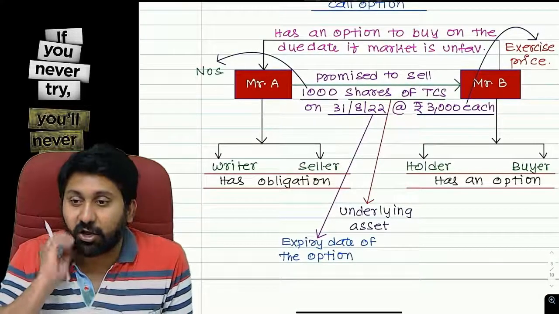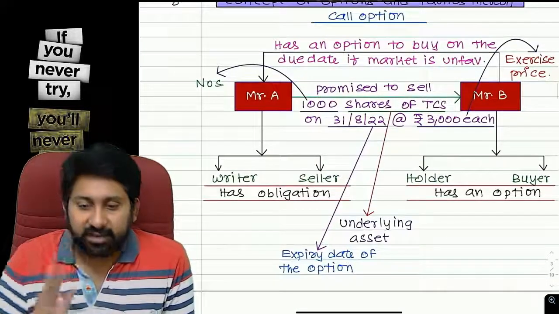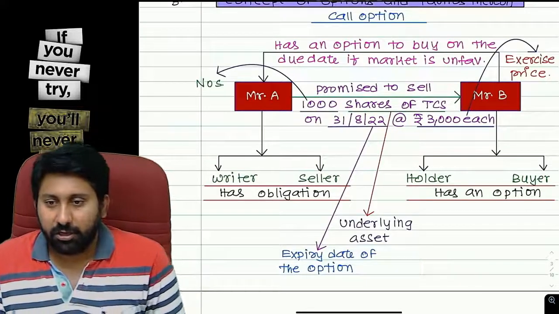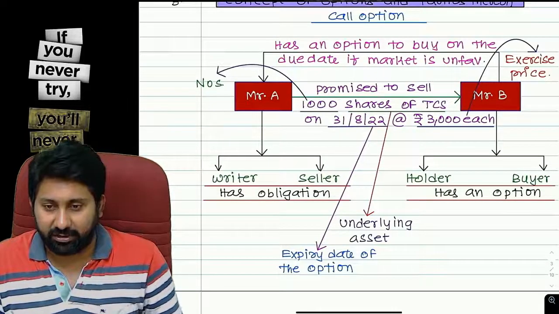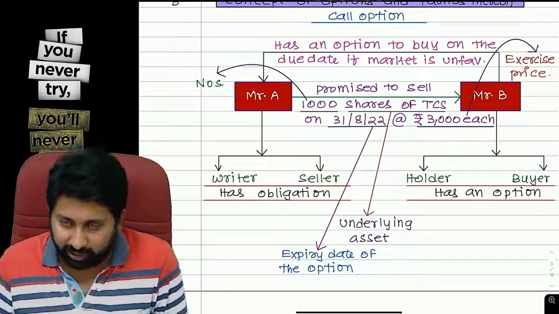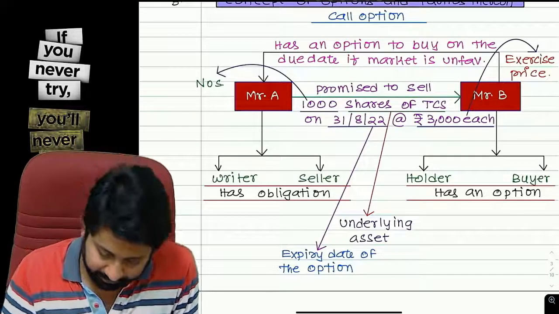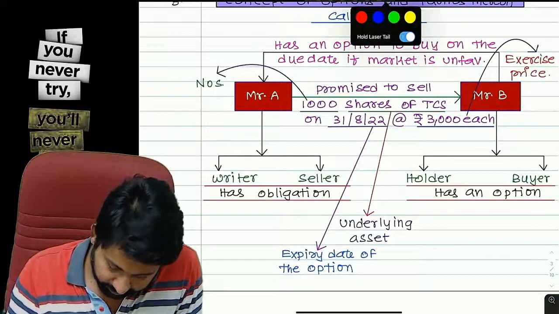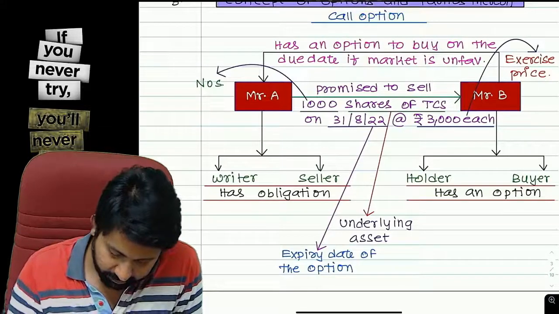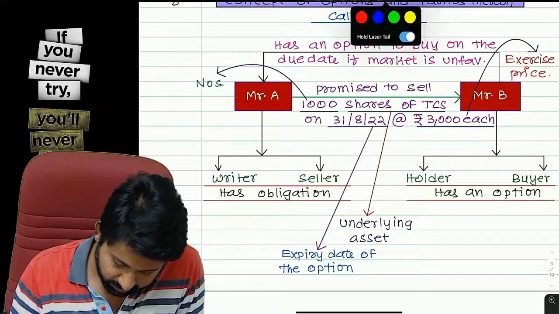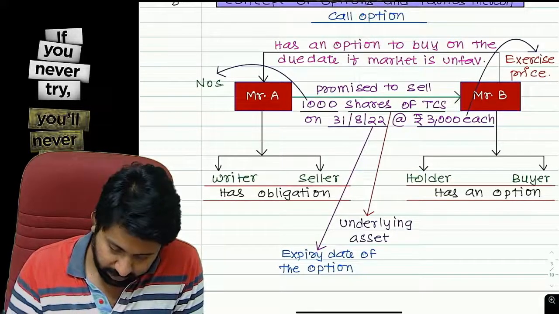If it is a call option, this is the diagram which helps you. You should read from left to right, means Mr. A to Mr. B. Observation required. See here.